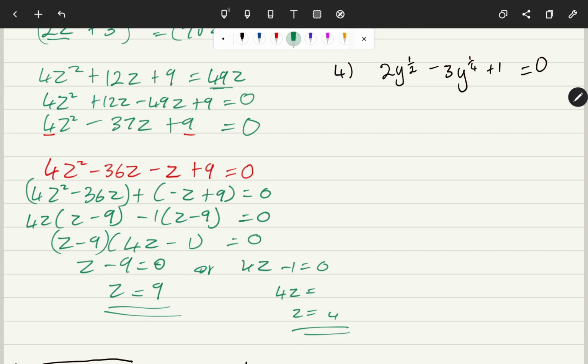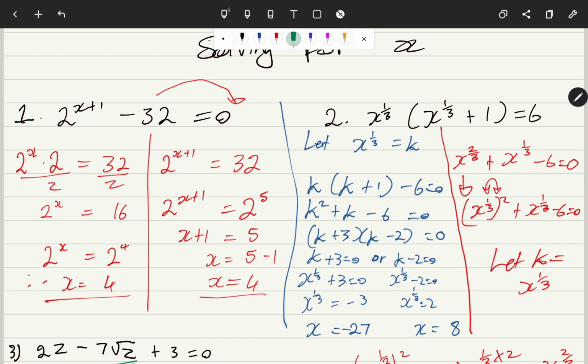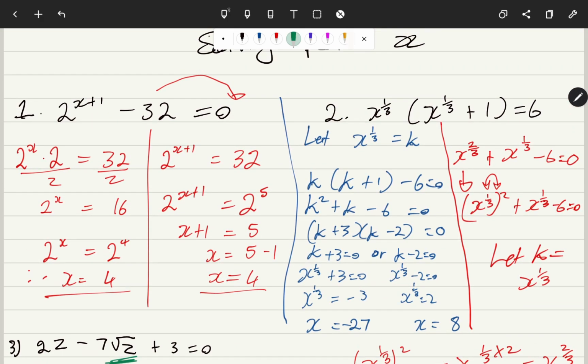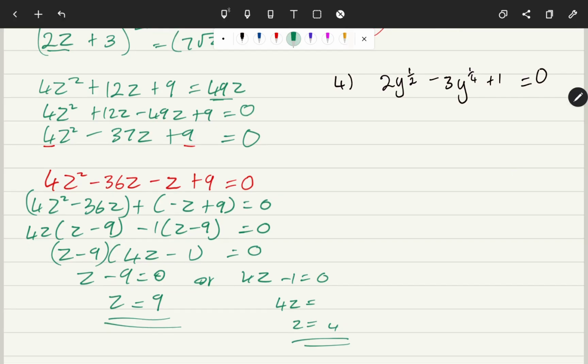Right, guys, number 4 is very interesting. What makes it interesting is that if you go back and look at number 2, there's something we're going to do in number 4 that we did in number 2. These two problems look quite the same, right?